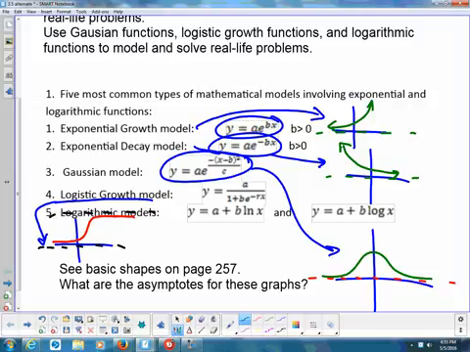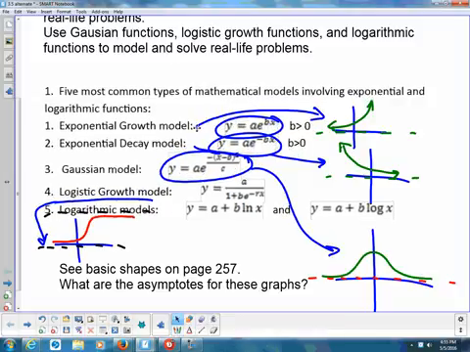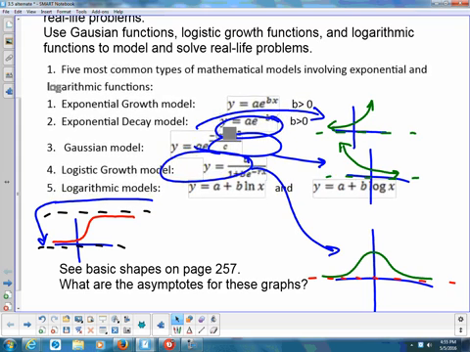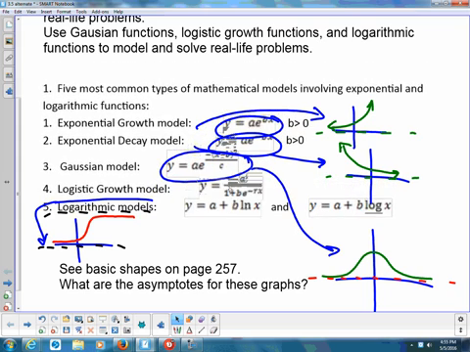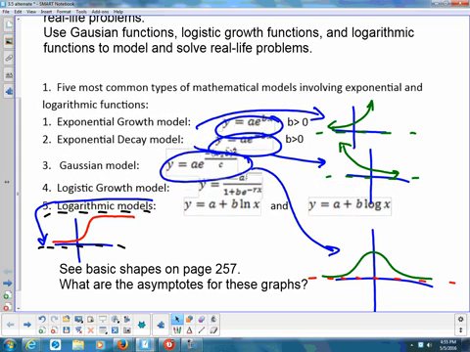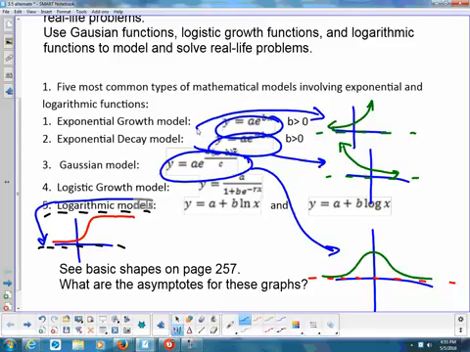And then lastly, we have the logarithmic models, but you know what those graphs look like. We've been looking at those. They look something like this, whether we're talking about natural log or common log, and those have a vertical asymptote.